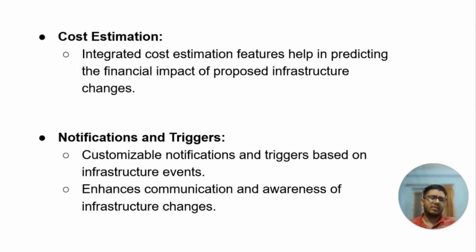Next is cost optimization. Oh, not optimization, it's estimation. Obviously, estimation doesn't have an optimization, but yeah, we need to see every time how much the cost estimate could be. So sometimes we may reduce it, but yeah, this is a good factor for cloud workflow. Next is notification triggers.